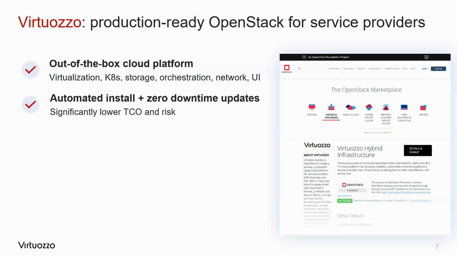We also implemented zero downtime updates for easiness of use, because we do know how difficult it could be to operate with OpenStack. OpenStack is a very well-known platform for the cloud. It is very nice to have this open source, but it's very complex to do the installation, to maintain the cluster, and to make the updates. So what we have done is to really make it stable.